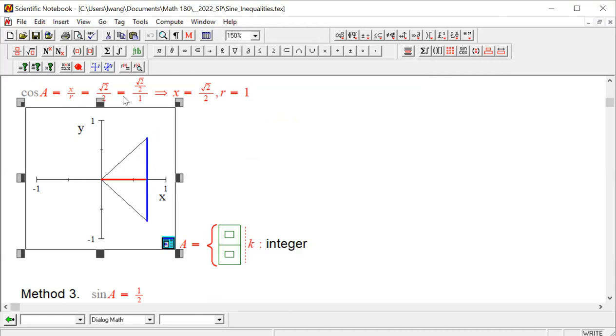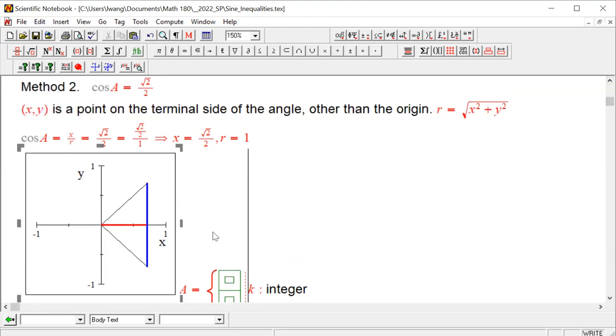But anyway, when we are given cosine, by definition, from the given, we can draw these pictures, x over r, right? You can choose x to be root 2, r to be 2.